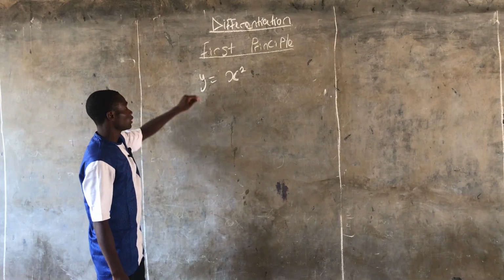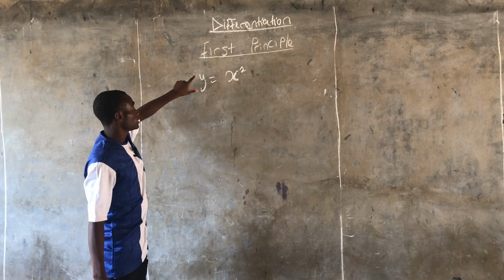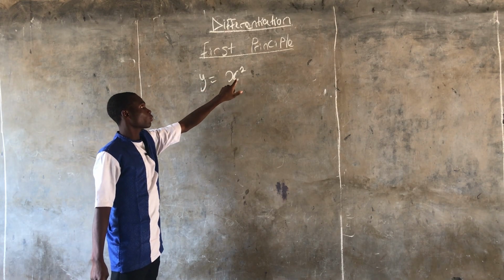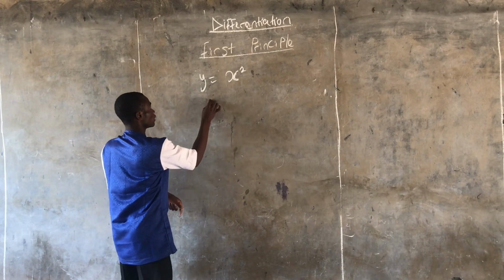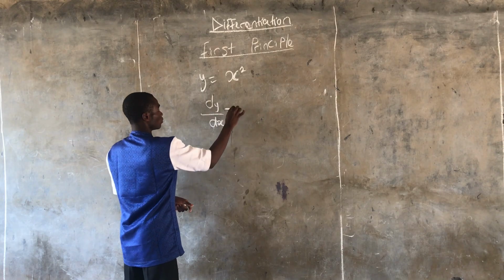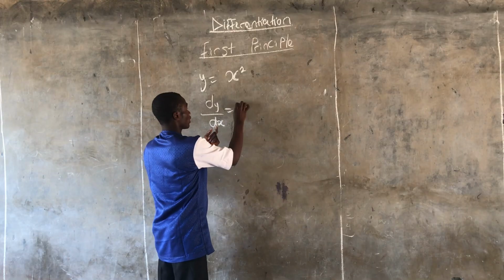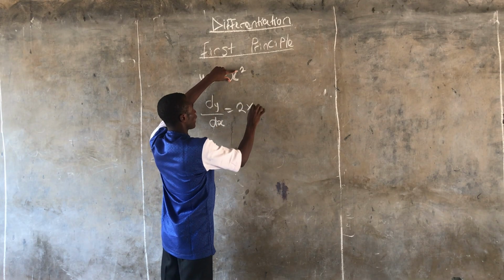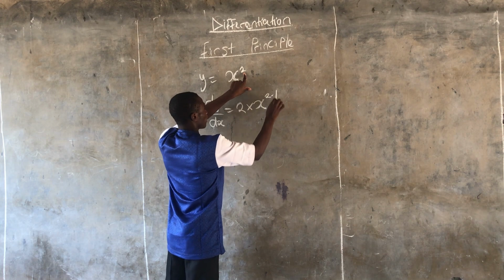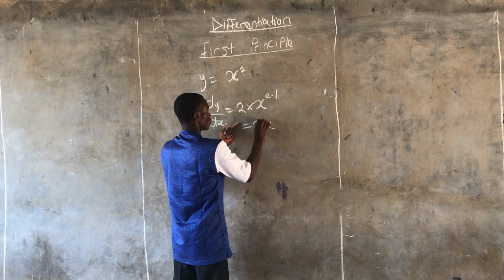The change in rate of y, or change of y with respect to x, is dy over dx, which is equal to: bring down the power 2, then multiply, and subtract 1 from the power, which gives us 2x.